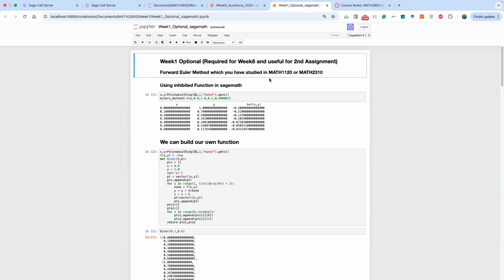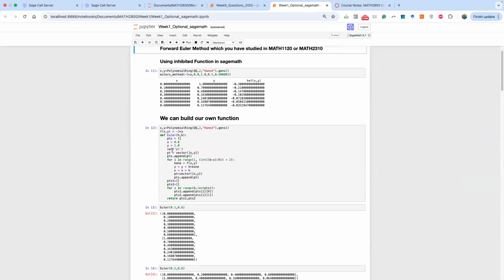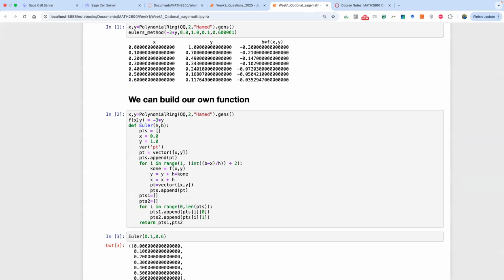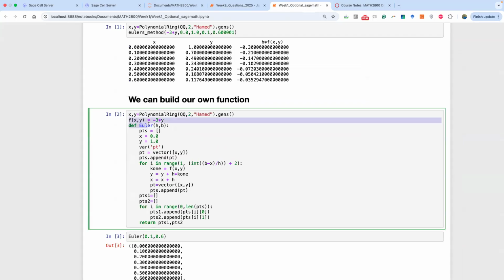In Canvas, there is a file called Week 9 optional file using Sage Math. So you can see other examples here. It's the same type of question as question 4, so you can use this method, and you can see that I have used the same thing.